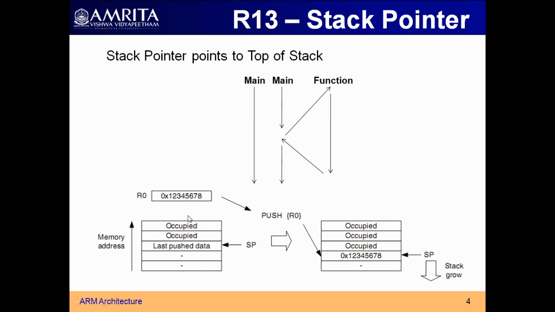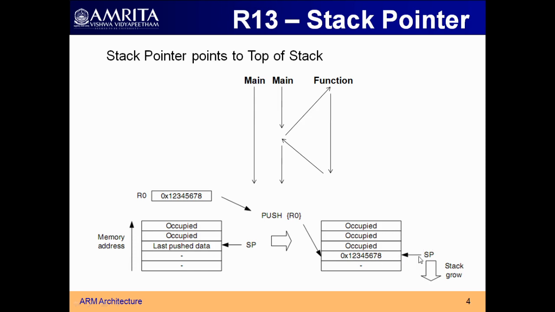So now initially the stack pointer was like this. After pushing the last data, stack pointer will get incremented to the next location automatically, right? So stack pointer will be here, and in the next push operation the result will be the intermediate result. So if you are writing push R0, R0 content will be stored onto the stack where the stack pointer is pointing to.